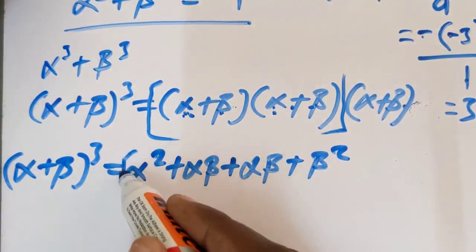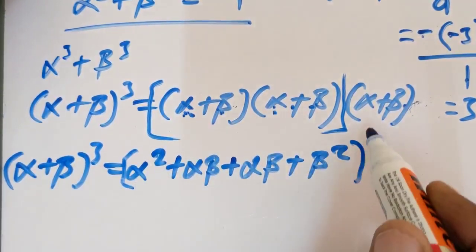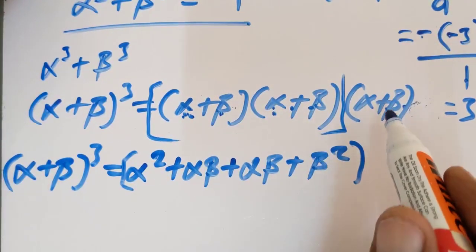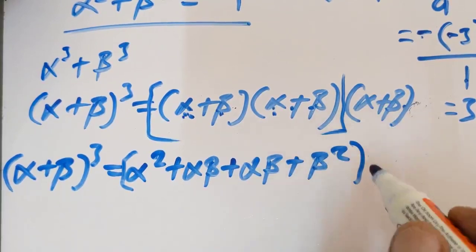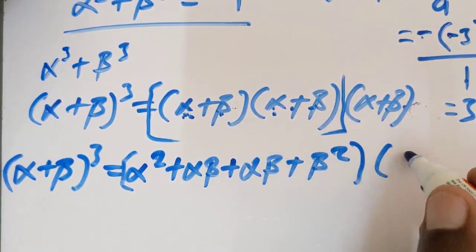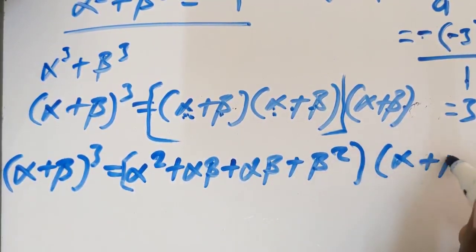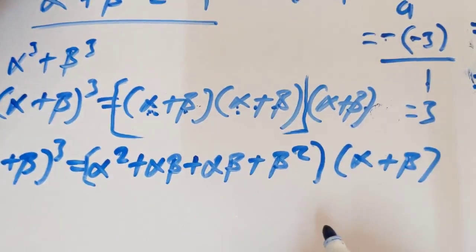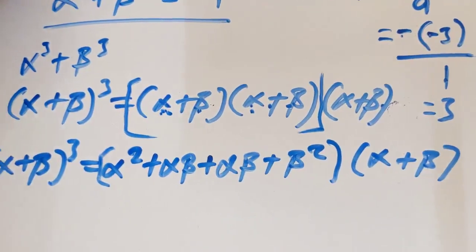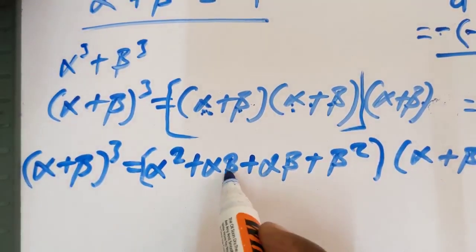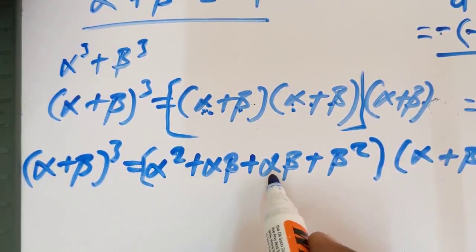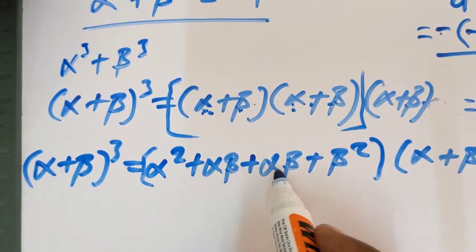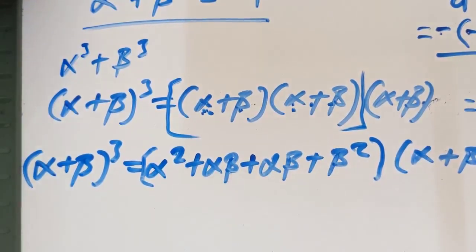So don't forget this. We are not done with this, so we bring it down right there: alpha plus beta. So we can even add the like terms here. Alpha beta plus alpha beta is equal to 2 alpha beta.